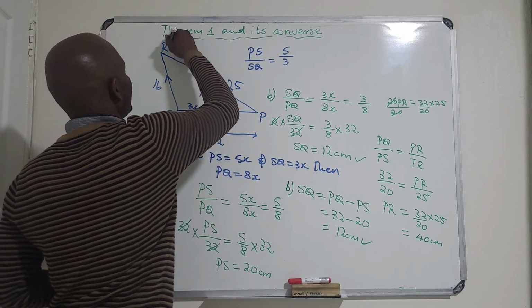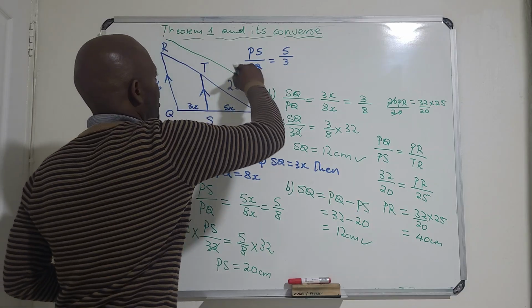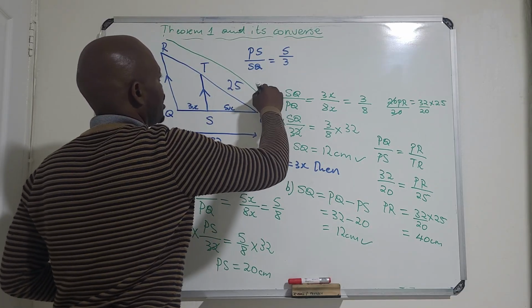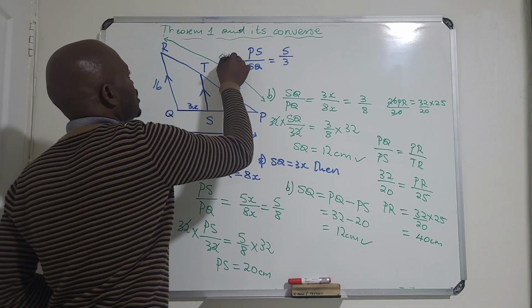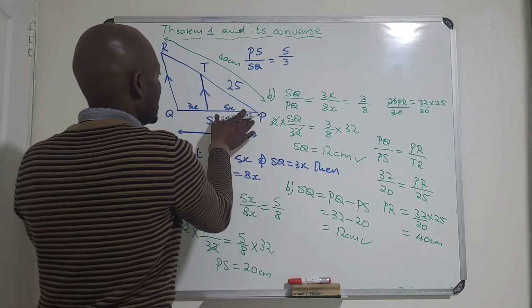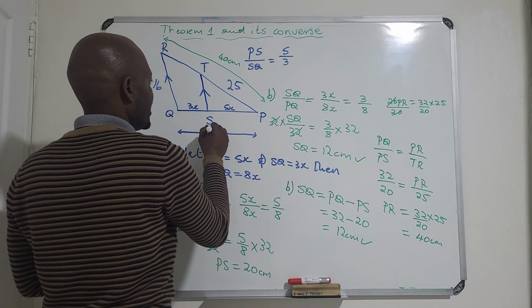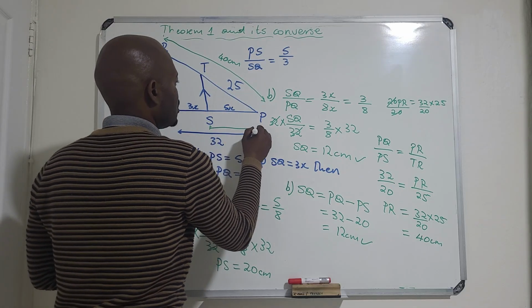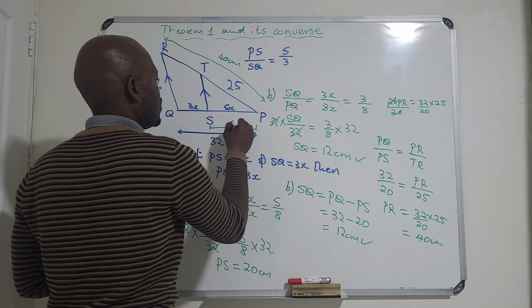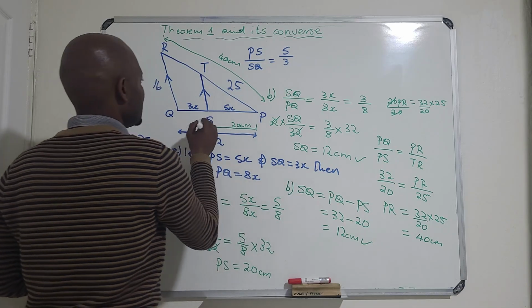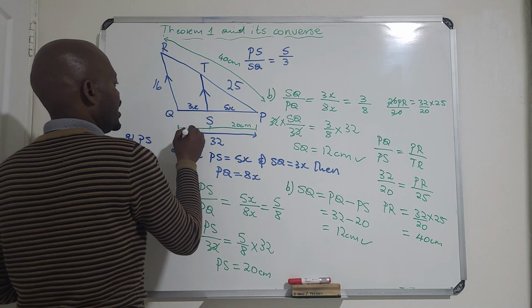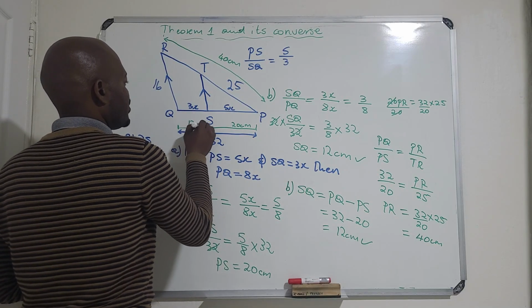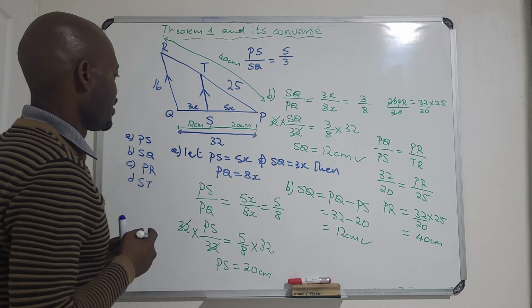Therefore, I do have from there to there, which is 40 centimeters. I do have from here to here, which is 20 centimeters. From here to there is 12 centimeters.